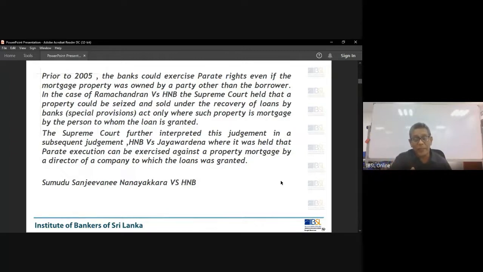Mr. Jayawardhana's lawyers argued that Jayawardhana is a director of an organization and he took a loan for that. Then HNB filed actions against Jayawardhana, being a director of an organization, as a loan was taken by the company.